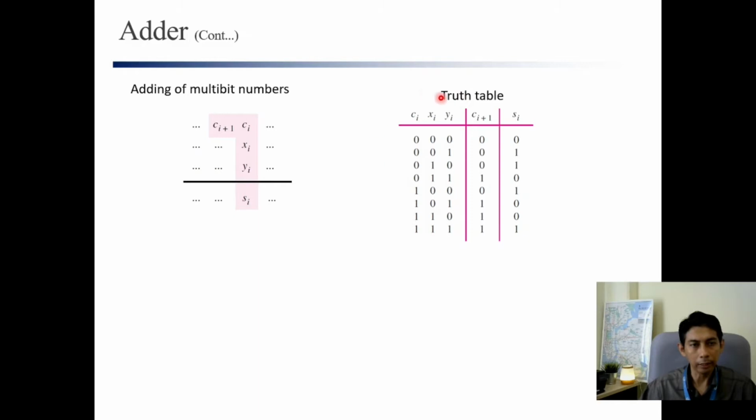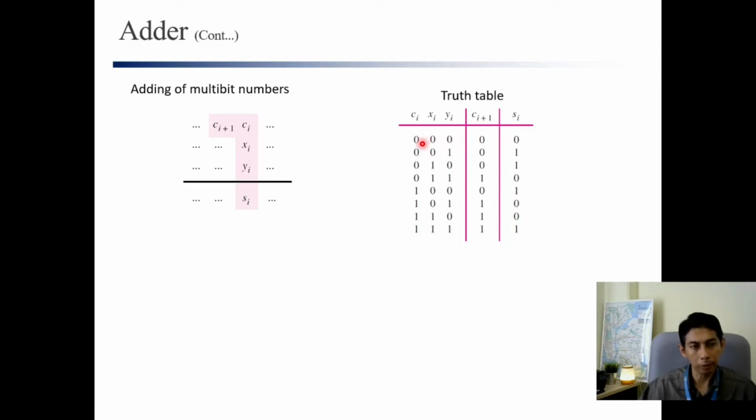So this is the full adder, where this is the carry for this position, and these are the inputs Ci, Xi, Yi, and this is the sum Si. So we have another truth table. Now we have 8 possibilities because we have 3 inputs.